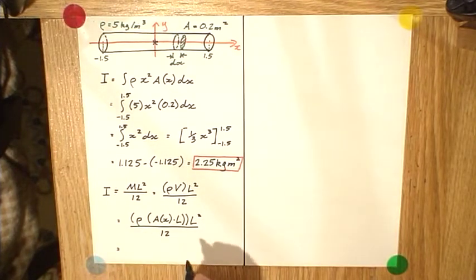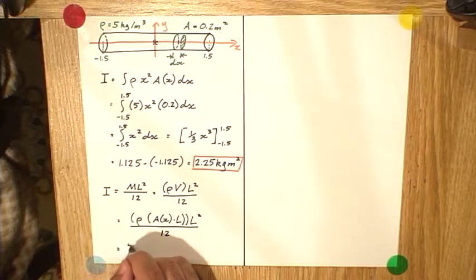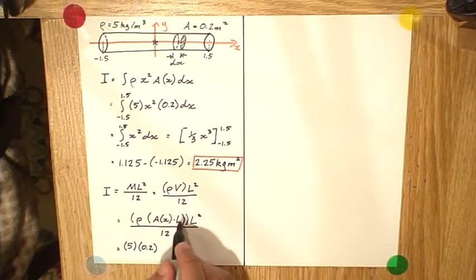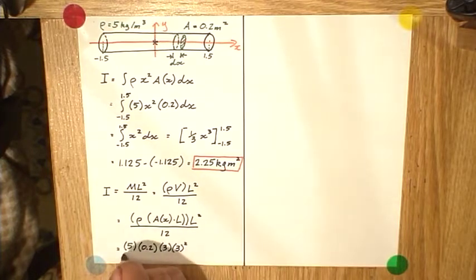Now let's substitute everything in. That's equal to 5 times AX, which is 0.2, times length, which is 3 meters, times length squared, which is 3 squared, all divided by 12.